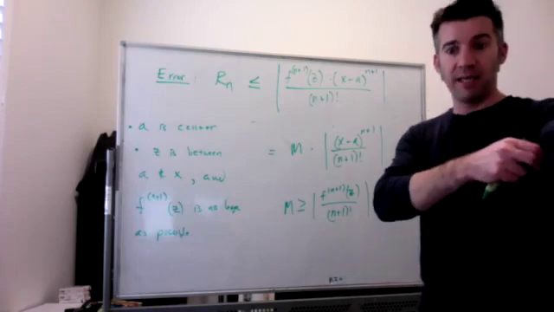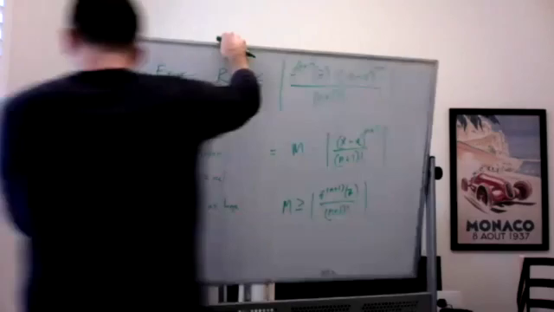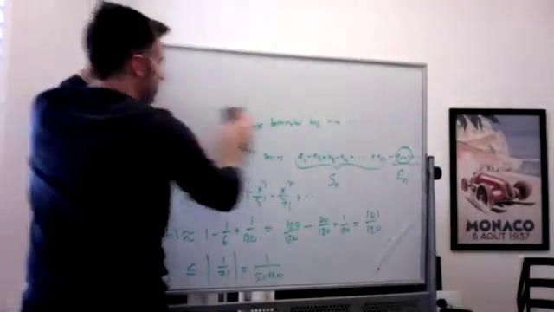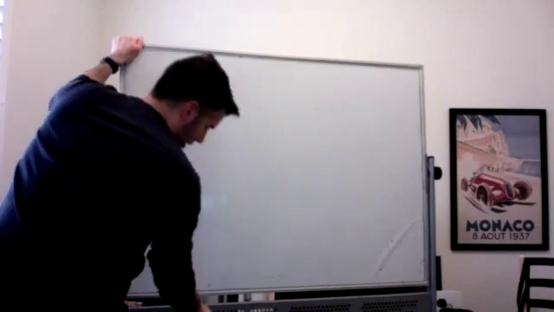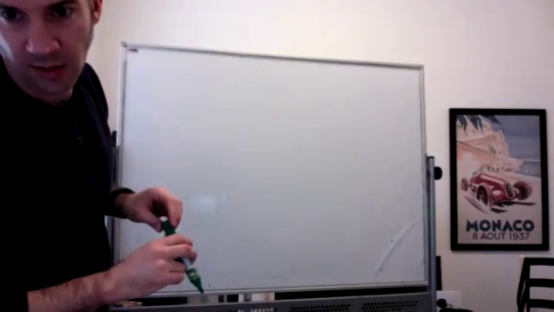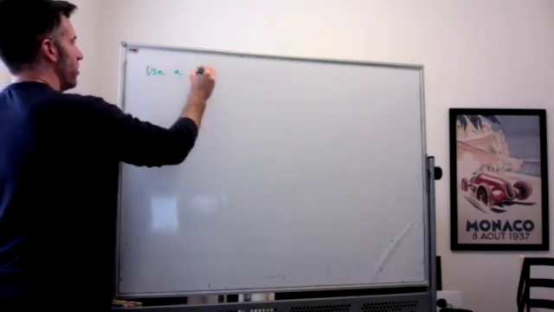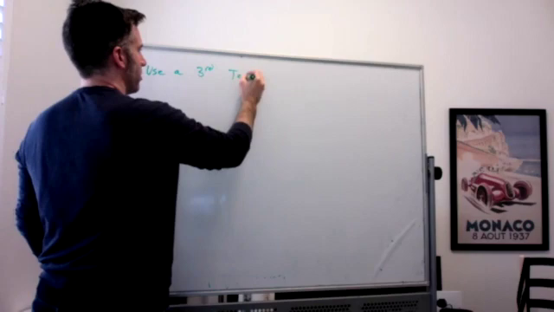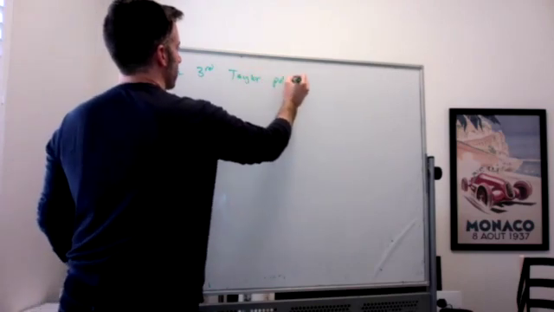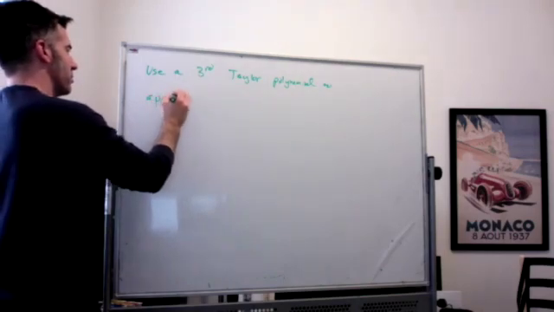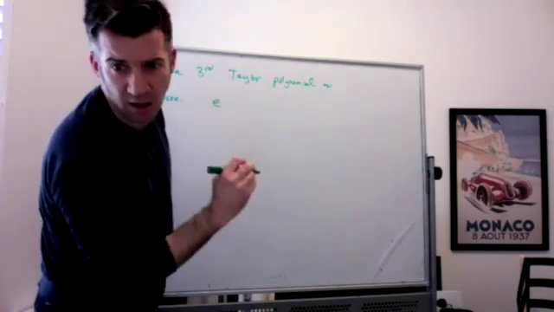So let's look at an example. Let's use a third degree Taylor polynomial to approximate e to the 1.